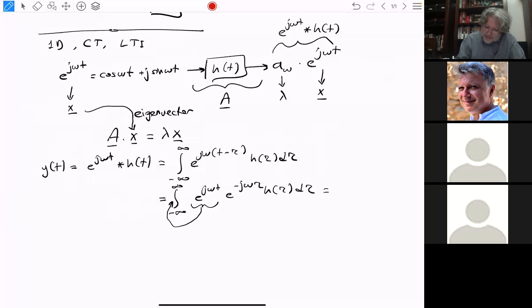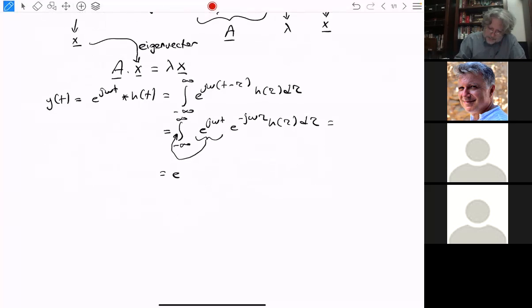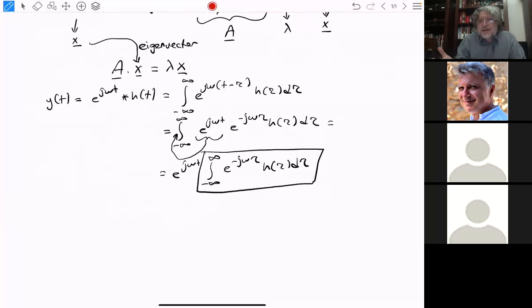And it will be, let me continue from here, e to the j omega t integral from minus infinity to infinity, e to the minus j omega tau h of tau d tau. And this is the frequency response of the system with an impulse response h of t.